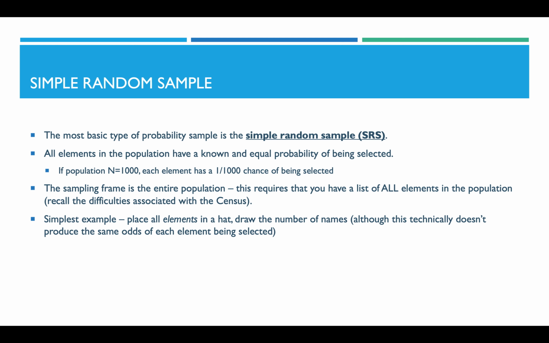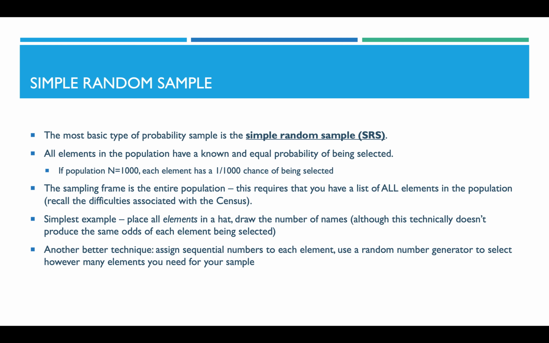The reason being that for each name you pull out of the hat, this lowers the pool and it changes the probability that each subsequent element is going to be pulled out. But nevertheless, this still fits the criteria of being a probability sample because even if those probabilities change, we still know what they are.